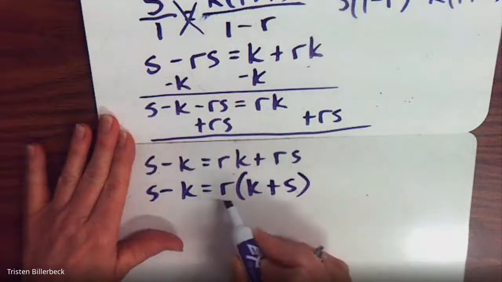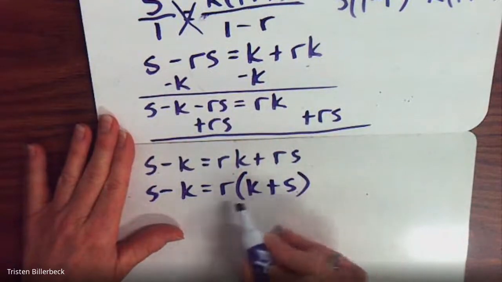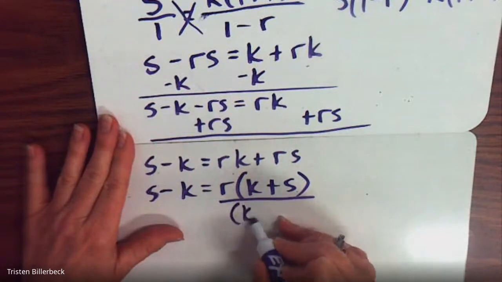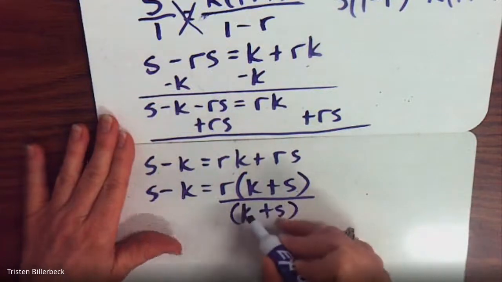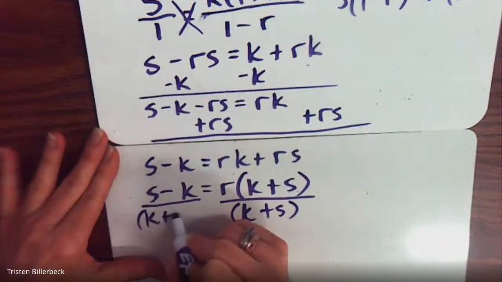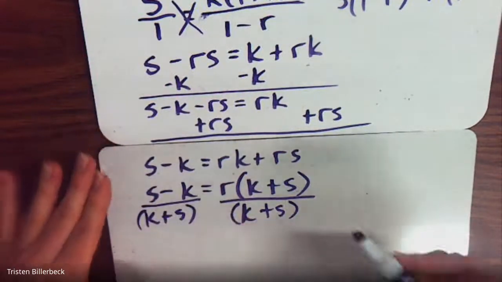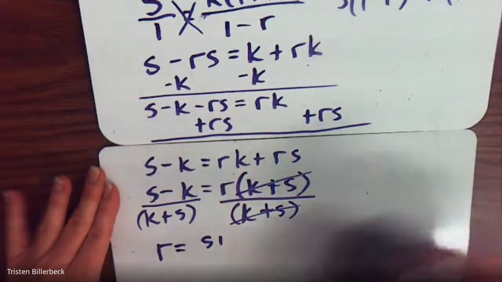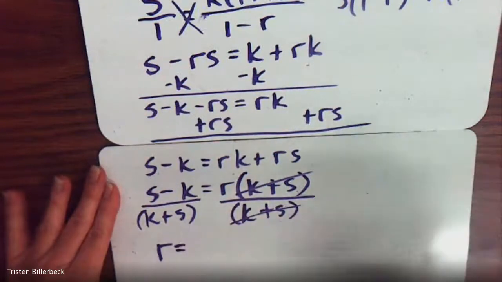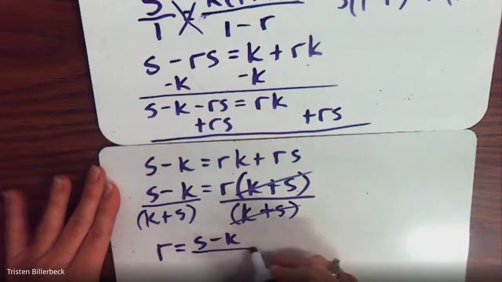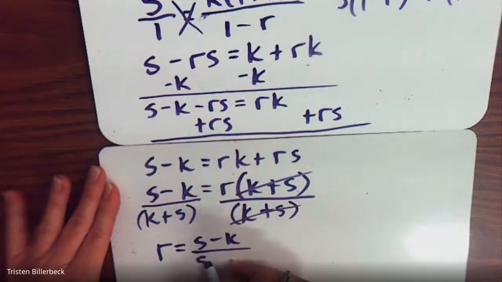And now R is being multiplied by the quantity K plus S, so we use a multiplicative inverse and divide by K plus S on both sides. And then we finally have an answer. So we have R equals (S minus K) over (S plus K).